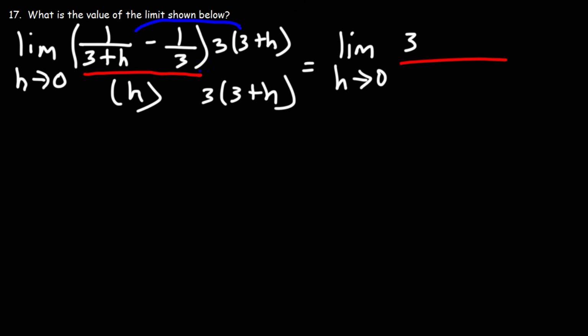So now let's multiply negative 1/3 by this. When we do that, the 3's will cancel, leaving behind negative times 3 plus h. So this is going to be minus 3 plus h. And on the bottom, we can just write these together. So h times 3 is 3h, and then times, in parentheses, 3 plus h.